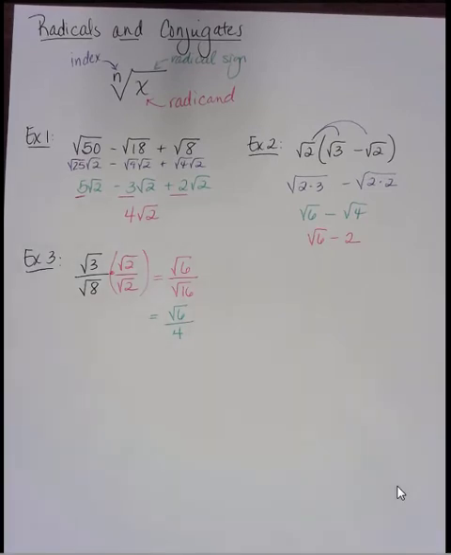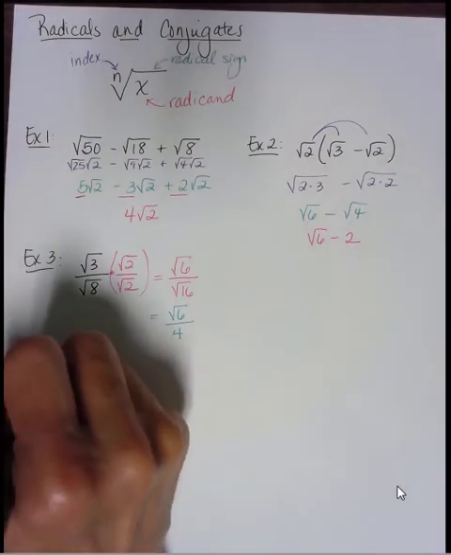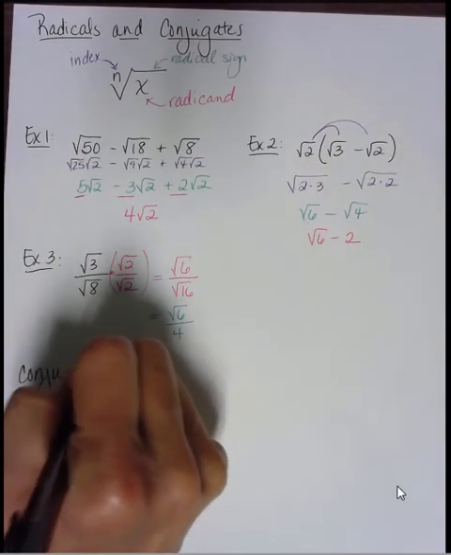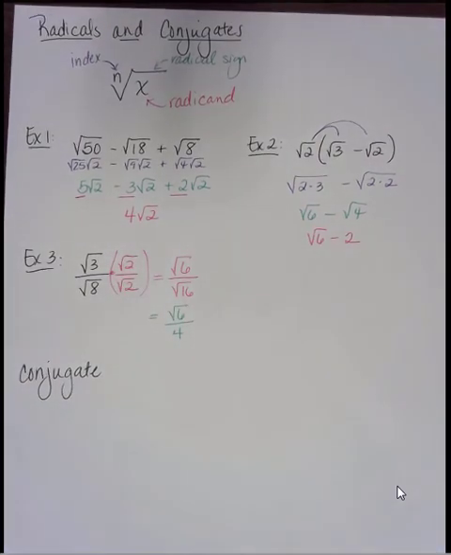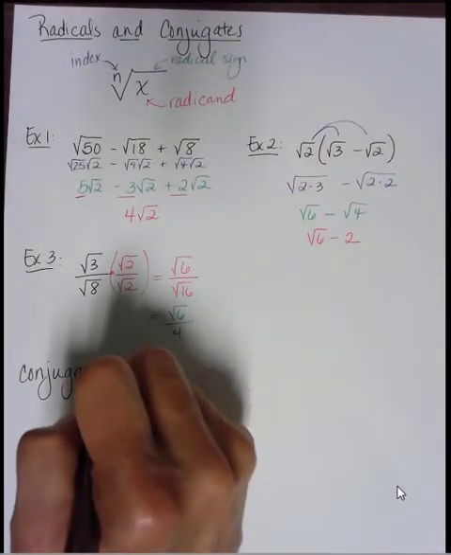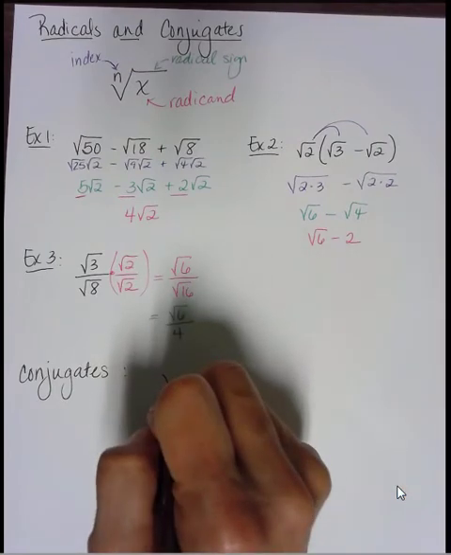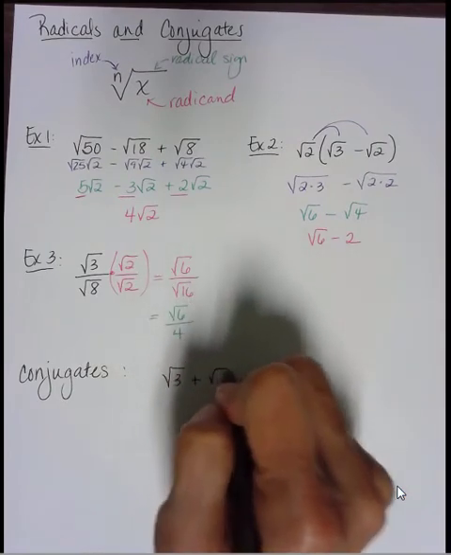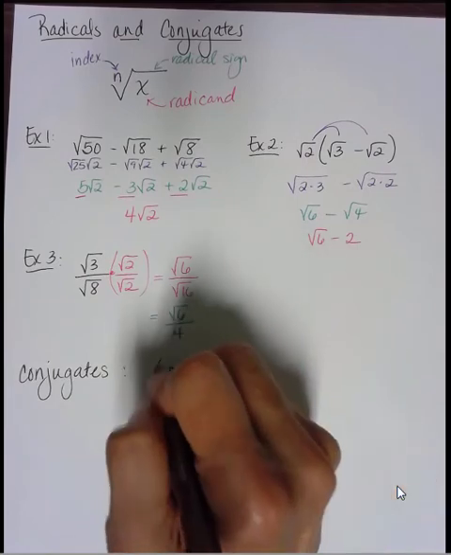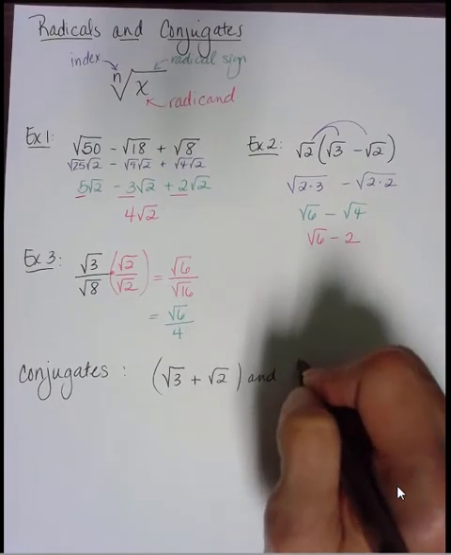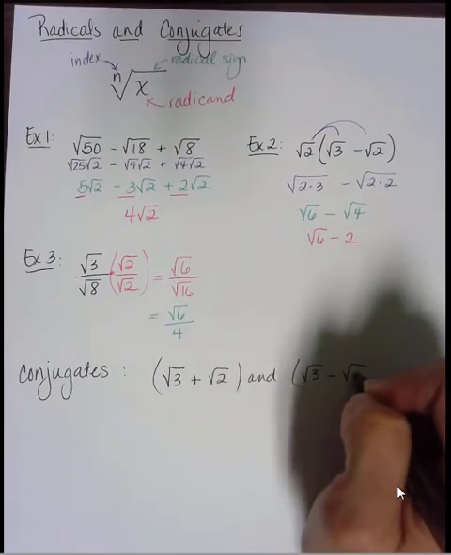Okay, the next thing I want to discuss is conjugates, because I did say that radicals are related to polynomials in some way, and one of those ways is with what we call a conjugate. So an example of conjugate radicals would be something like radical 3 plus radical 2 and radical 3 minus radical 2.